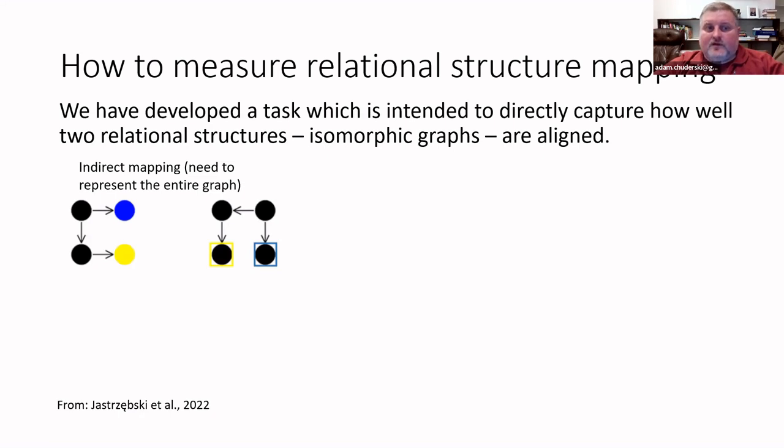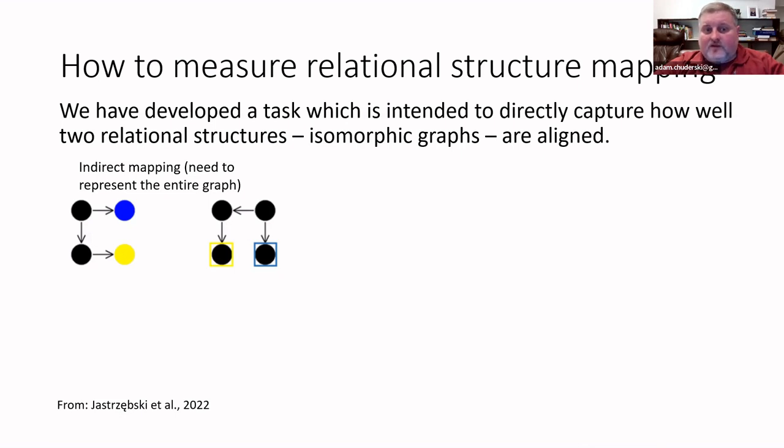So you have to see that the blue node is connected with the node that has 2 outgoing edges, and the yellow node is connected with the node that has 1 incoming and 1 outgoing edge.